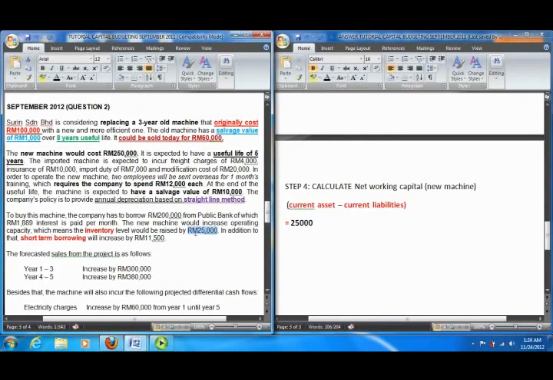You see, class? 25,000 minus 11,500. That is your short-term borrowing, your current liabilities. So your net working capital here is 13,500.